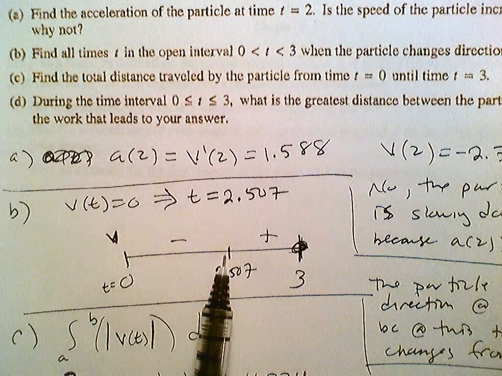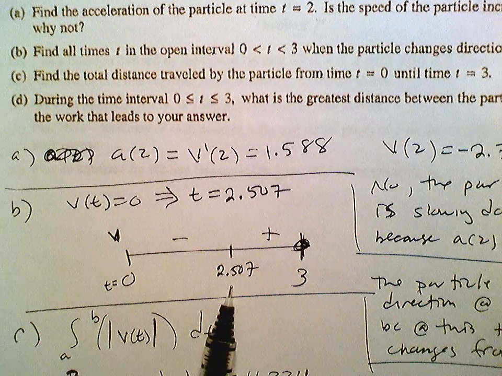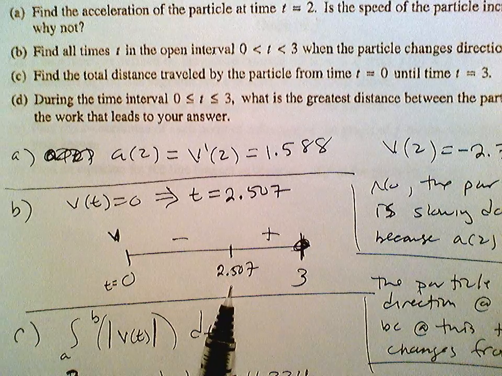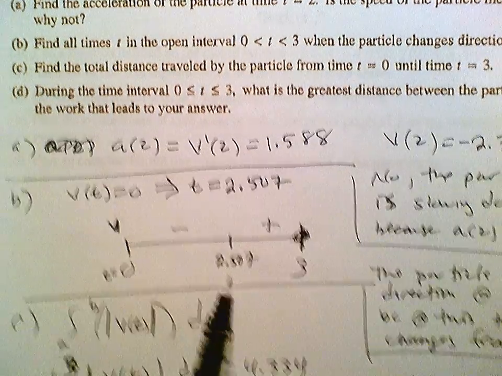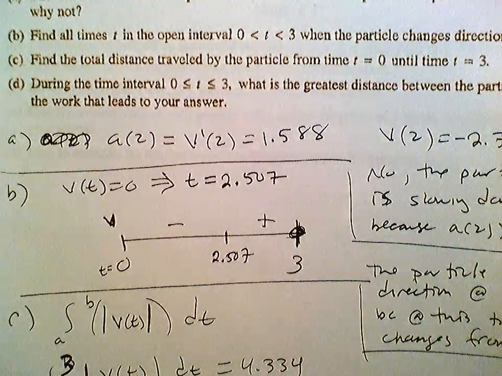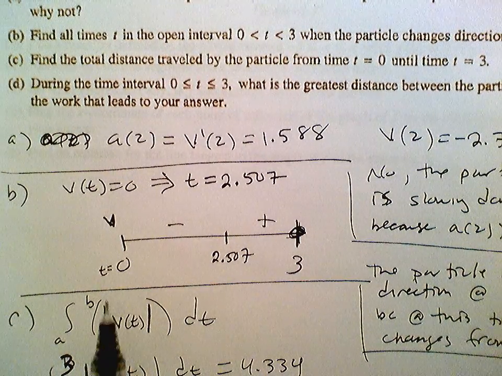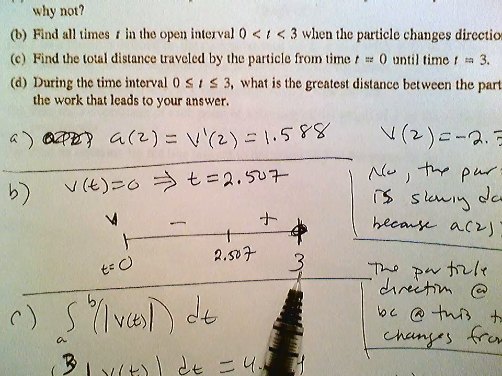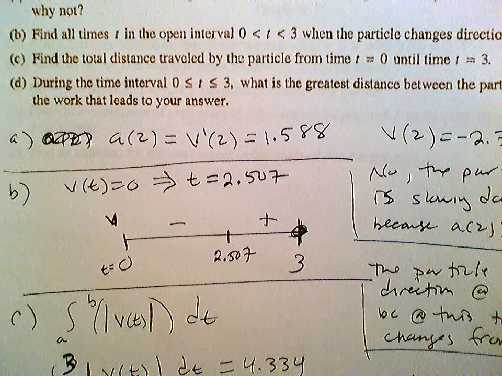And then here, it's the furthest left that it's going to be. And then it goes right until time t equals 3. So I'm going to find the positions here, here, and here. And then I can just say which is furthest from the origin.